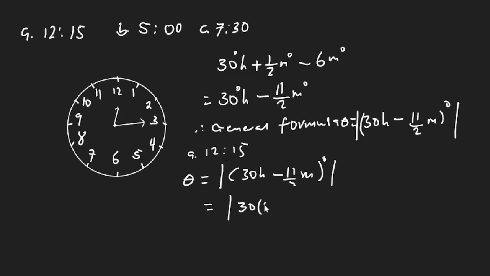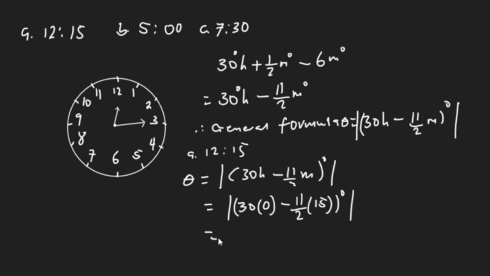So the hour here is 0, minus 11/2 multiplied by the minutes. It has moved how many minutes? 15 minutes. And this is giving us all in degrees.